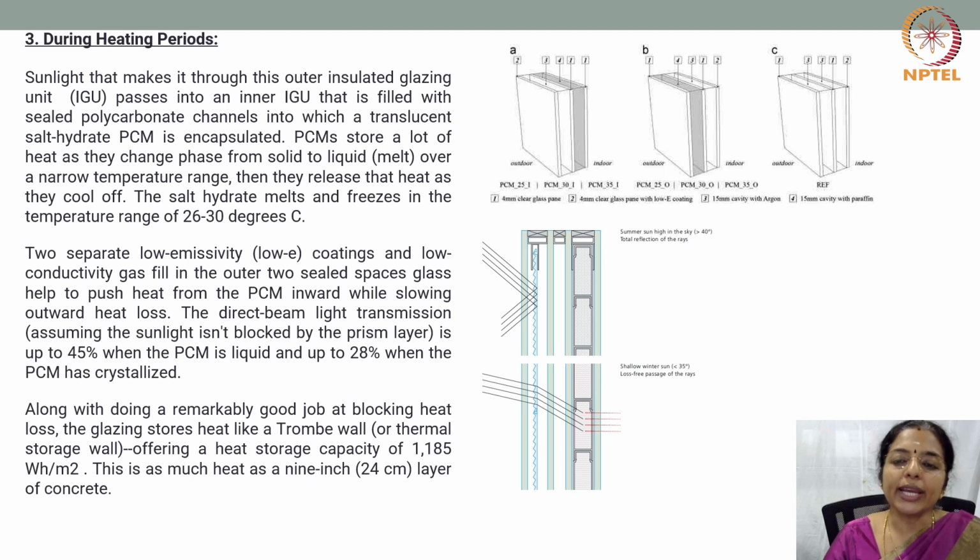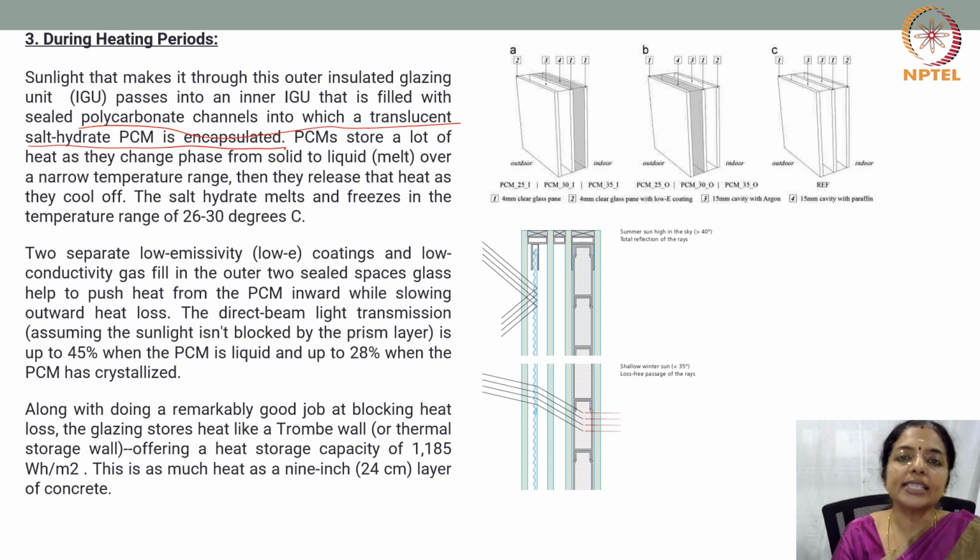So during heating periods, what happens is sunlight that makes it through the outer insulating glazing unit, which is IGU, which we saw last time, passes through the inner IGU that is filled with sealed polycarbonate channels into which the translucent salt hydrate PCM is encapsulated.